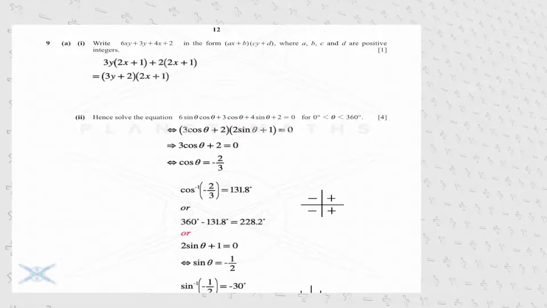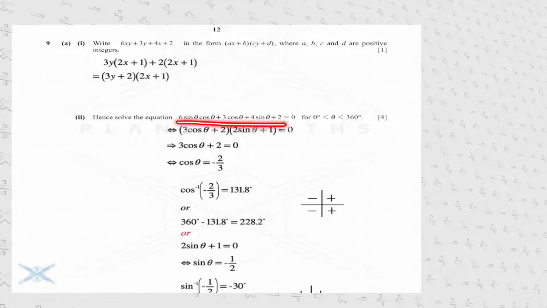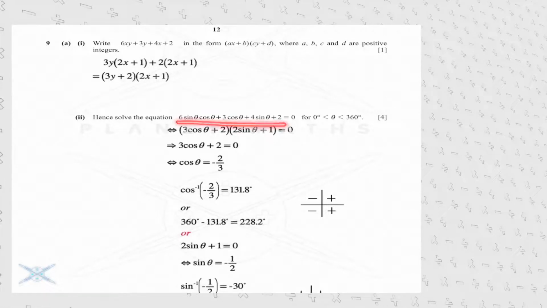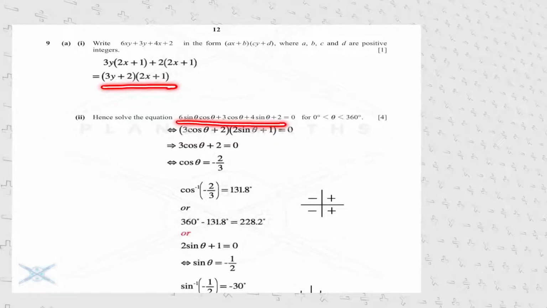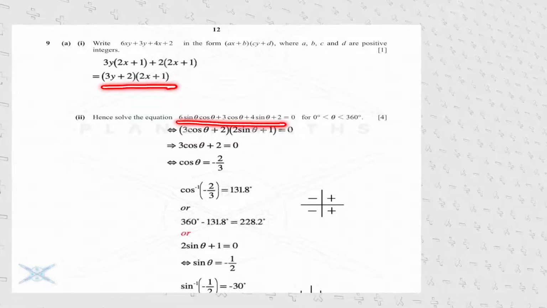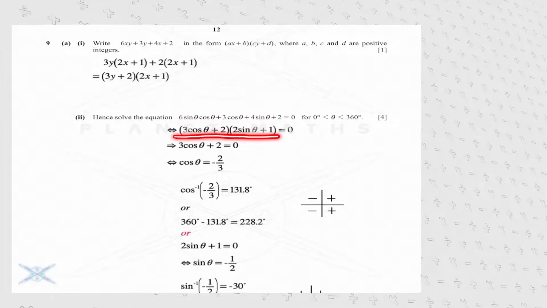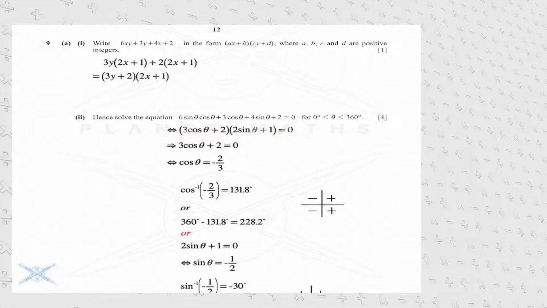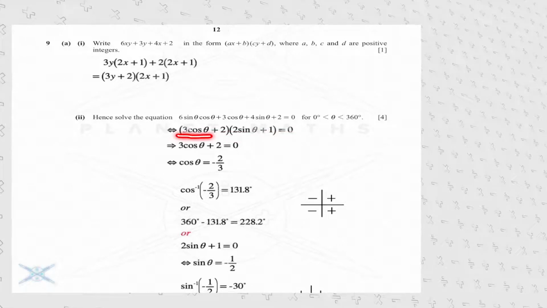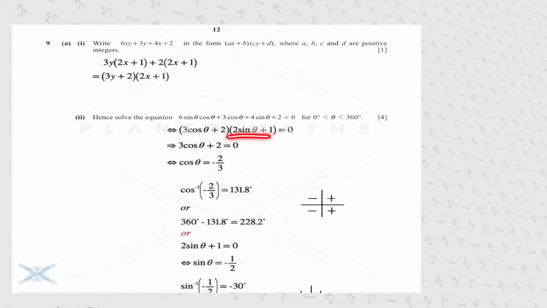So we can now rewrite this expression using our solution of part 1 of the exercise, whereby we substitute y and x for sine and cosine theta accordingly. Since for a product to result in 0, one of the factors needs to be 0, we can determine that either the first bracket equals 0 or the second equals 0.